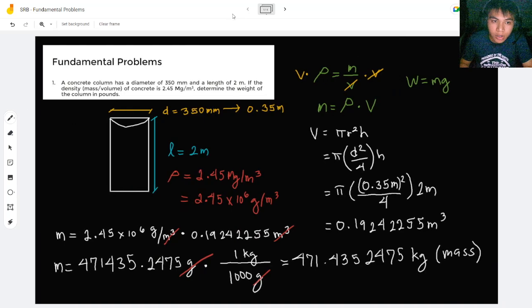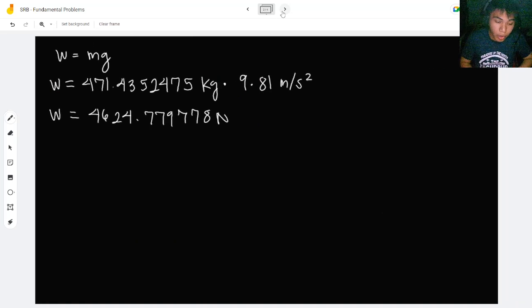However, we are asked to get the answer in a specific unit, and that would be in pounds. So we are currently in newtons, so we're going to convert this into pounds, and in 1 newton there is approximately 0.225 pounds, and we're going to do a bit of dimensional analysis with that.